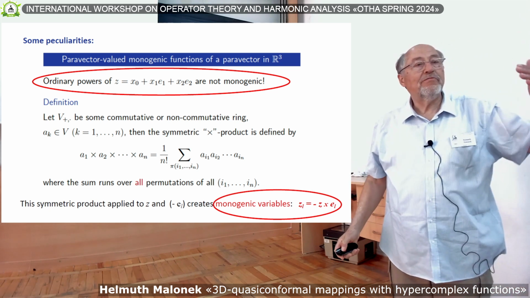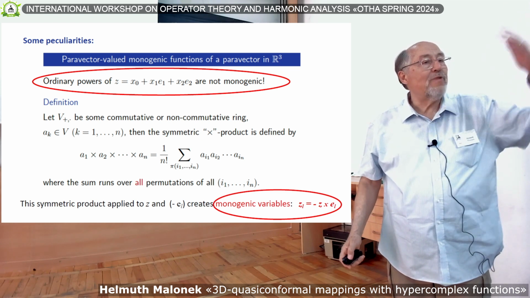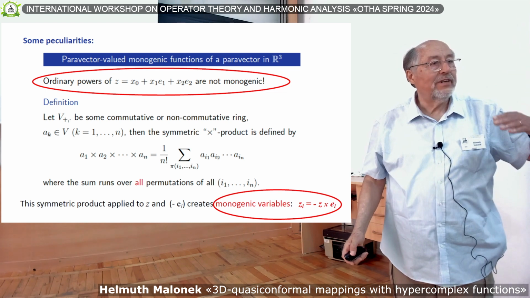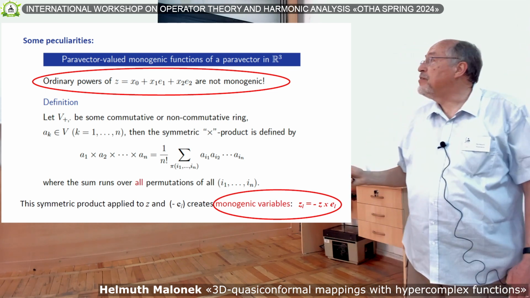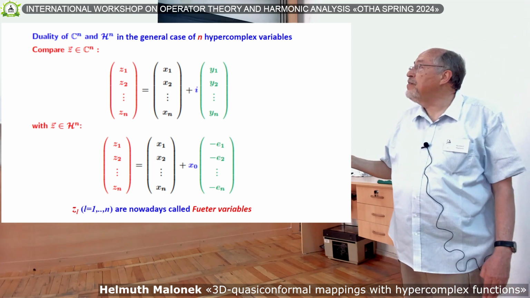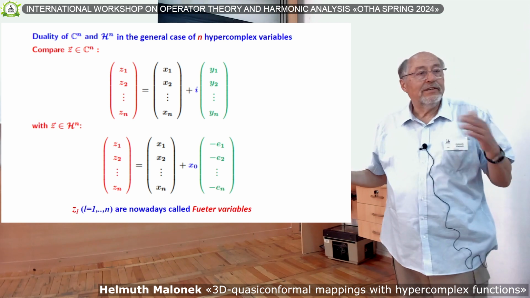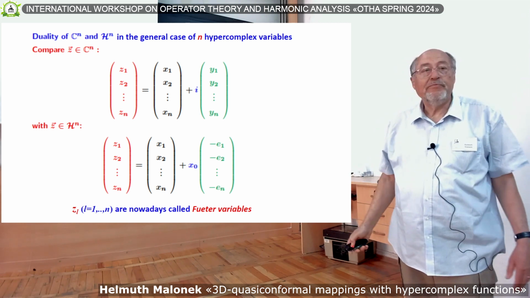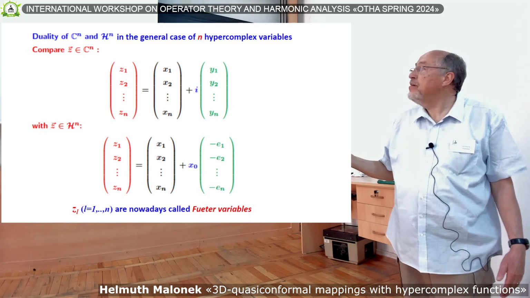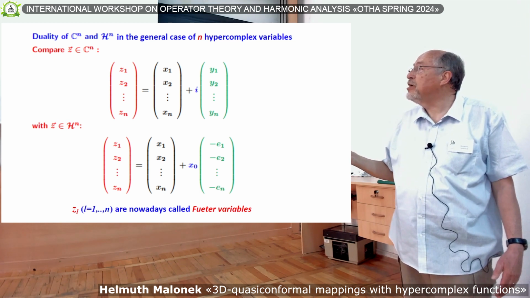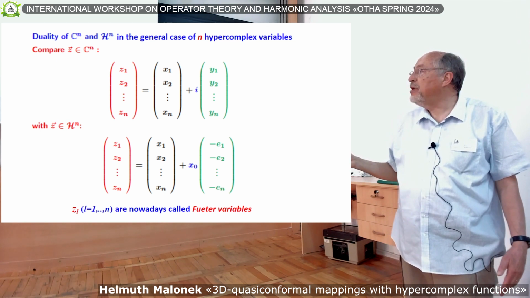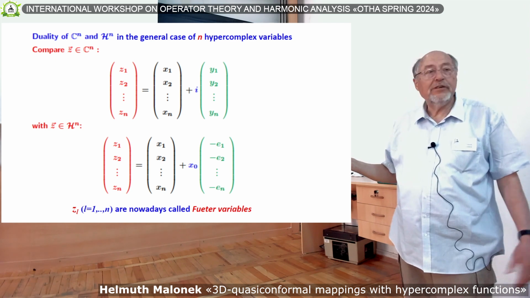So you are skipping from the consideration of a function of one hypercomplex variable to the consideration of a function of several hypercomplex variables. This is a very big advantage, and you see that we have even a very suggestive dual presentation. If you have several complex variables, you are in Cn, then you join 2 vectors of real variables by the imaginary unit. But here you join for the hypercomplex variables, they are not called Fourier variables.